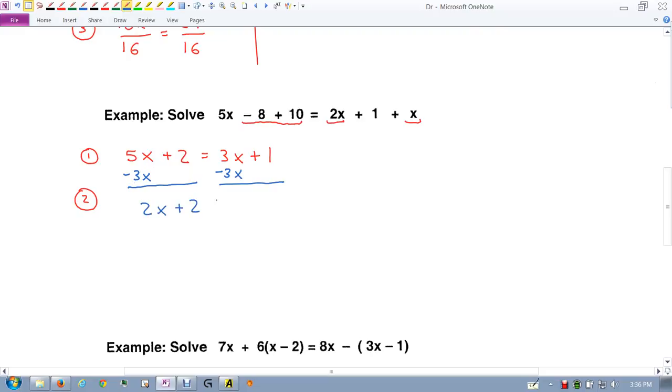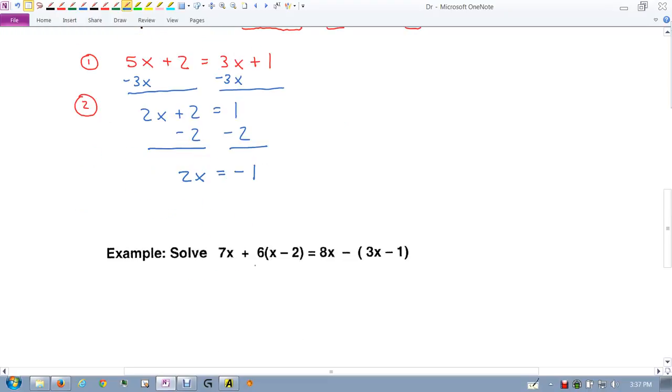Tell me what I'll have on my next line. 2x plus 2 equals just 1. All right, I still don't have the x by itself because I have a plus 2. So I subtract 2 on both sides. That way the positive 2 is gone on the left, and all that will remain is the 2x. So 2x equals negative 1.